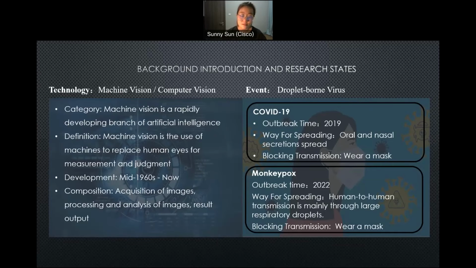It began in the mid-1960s with American scholar Roberts' research. Today, machine vision has received extensive attention and rapid development. One of the most important and most common applications in machine vision is object detection. It's also the technology I want to use in my program. Object detection has been widely used, such as in face recognition, intelligent transportation, industry detection, and so on.